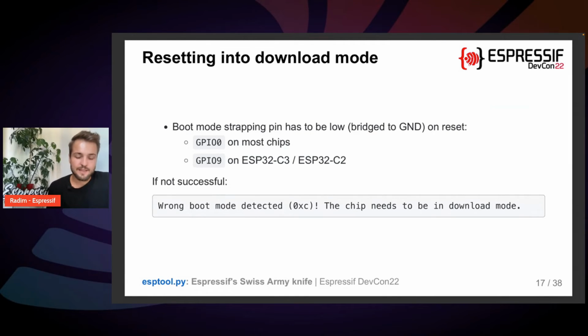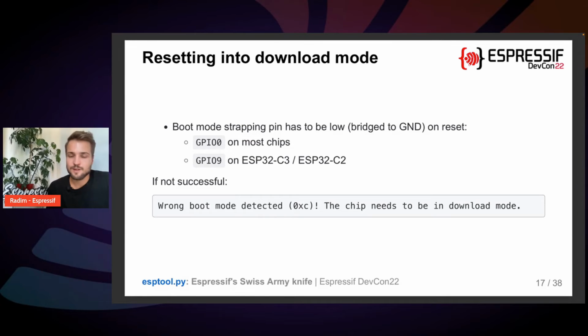Second, and equally important part of working with esptool is that the chip has to be set into a download mode. So what is a download mode? When you reset your chip, it just starts executing the application that is loaded into the flash memory.